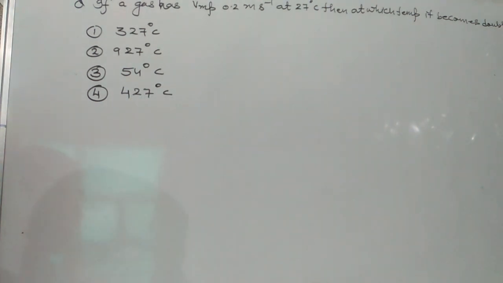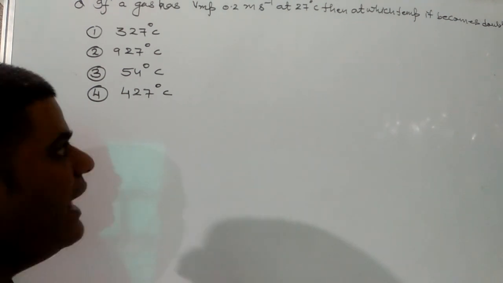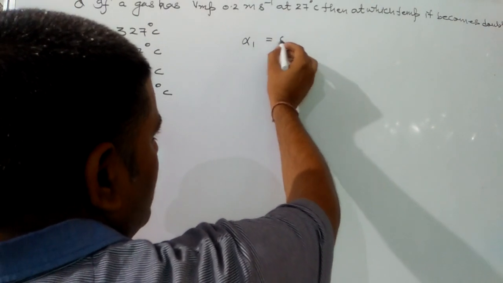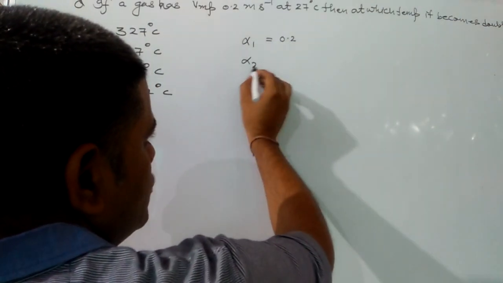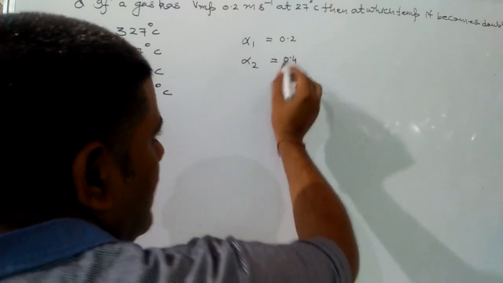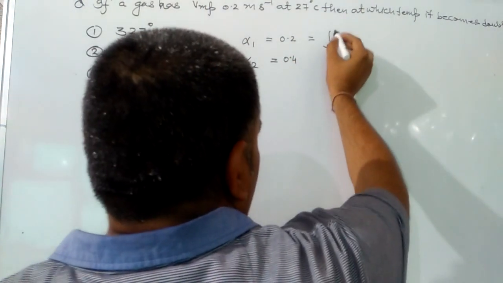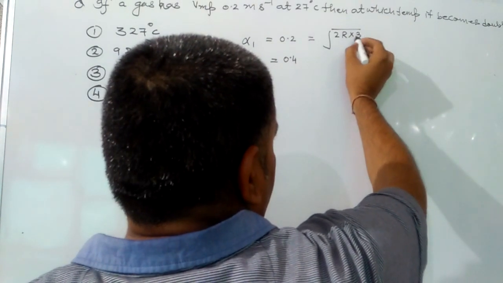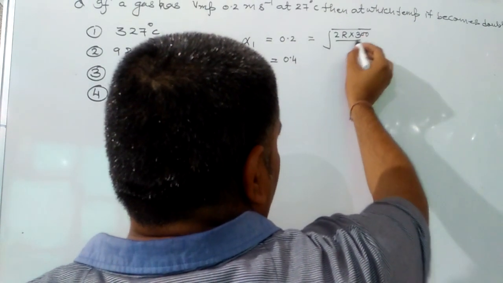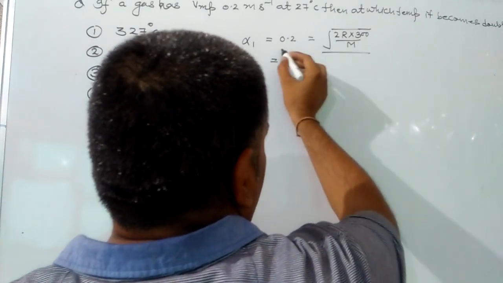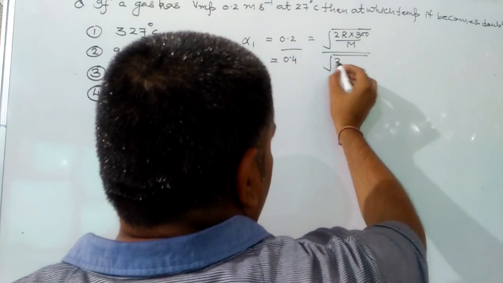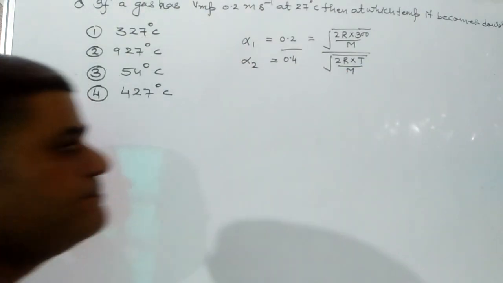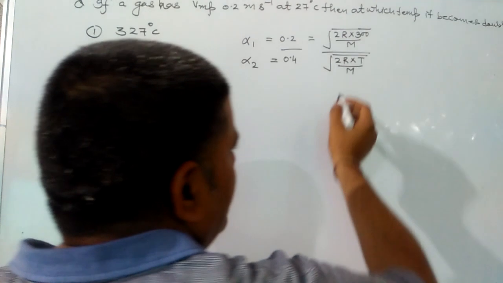So now we can put the values here. As alpha 1 is 0.2, alpha 2 should be equal to 0.4, and they should be equal to root of 2 R T1, that is 300 in Kelvin we have to take, over M, upon root of 2 R into T, we need to find, upon M. Now we can cancel it out.